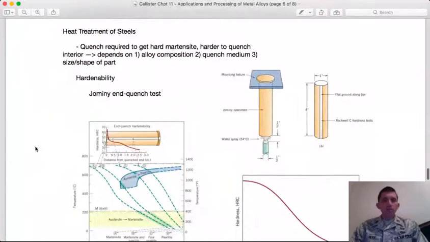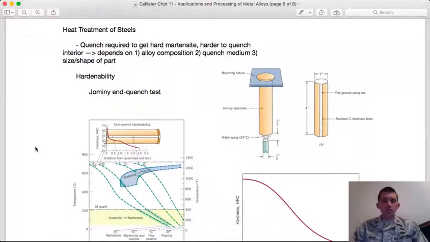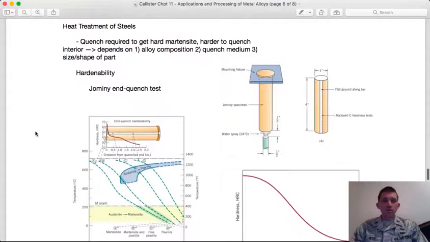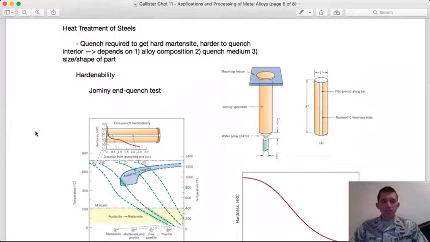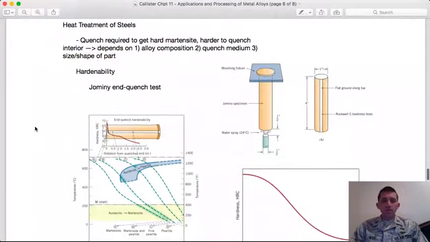Okay, so we notice a lot of these, especially the steel alloys, are more heat treatable. What do we mean by heat treatment? We're talking mostly about quench. So what we want is to have the ability to quench martensite, because that gives us a hard, stiff material. But quenching it is harder for larger parts, and it depends on the alloy composition.